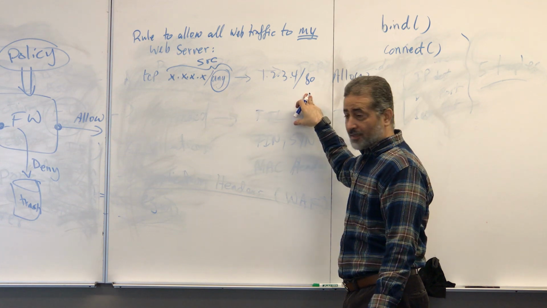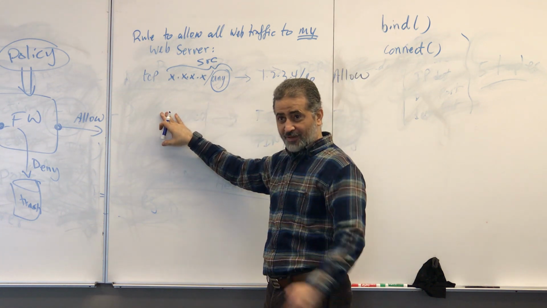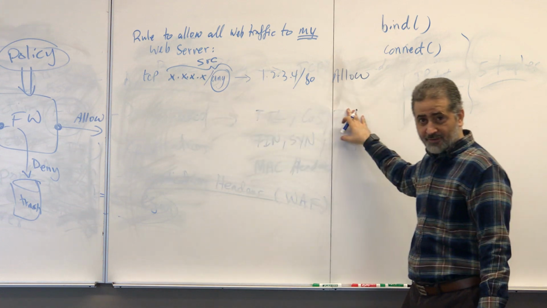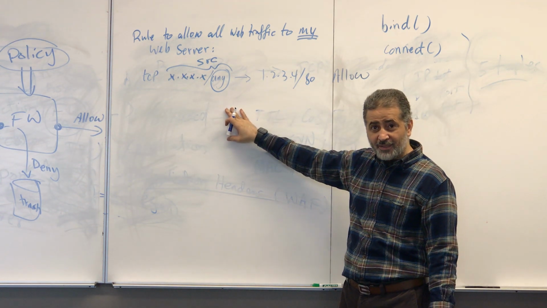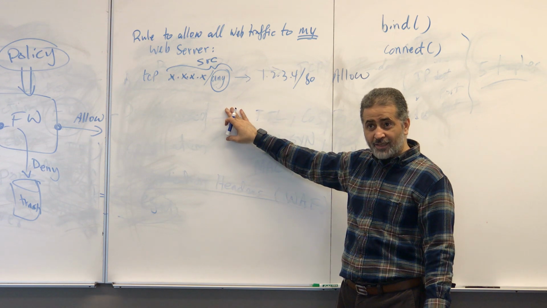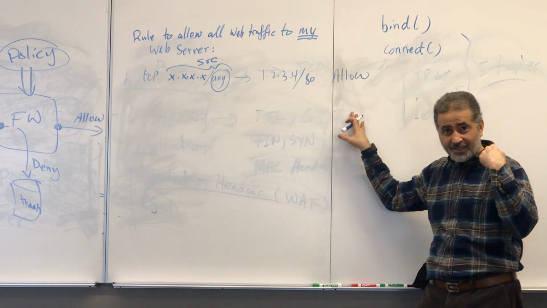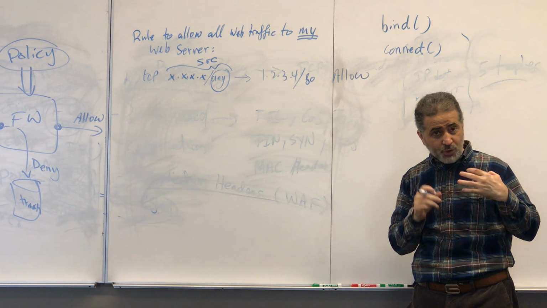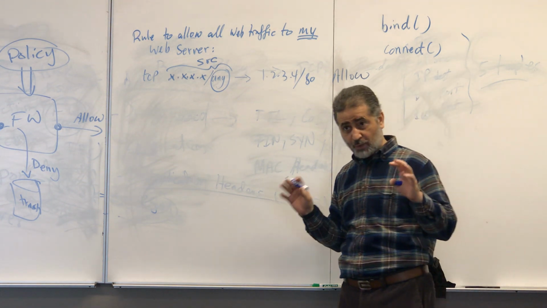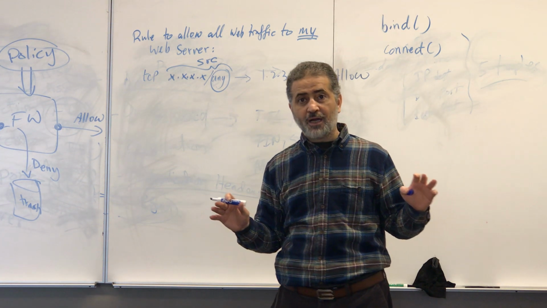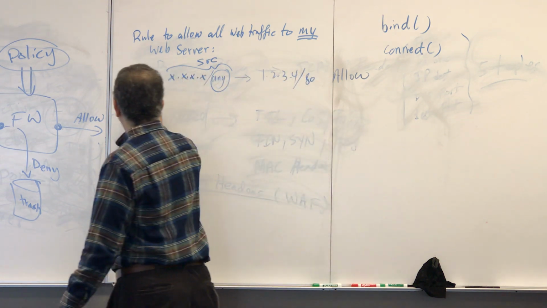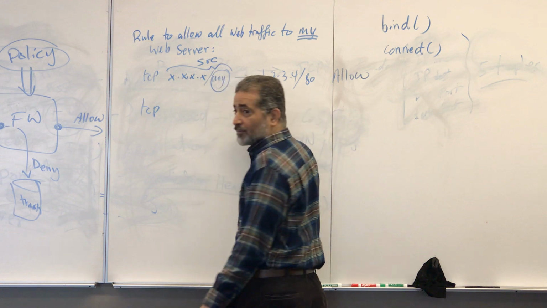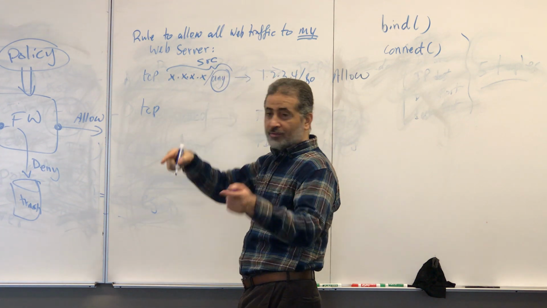Now, assume since you talk about this, is this good enough? The answer is no. This is not good enough because this allows traffic going in one direction. If you want to allow traffic fully for web traffic with a browser, you have to have two rules. This rule and the other rule that allows the traffic going back from the web server to the client.